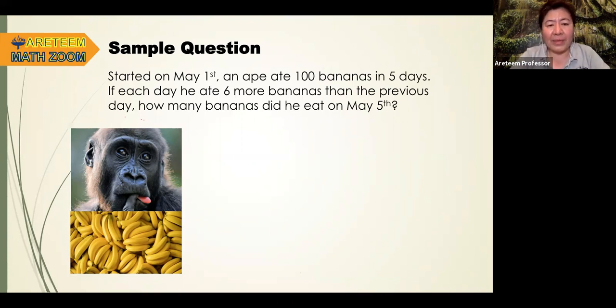So now I want to teach you a method that you can definitely understand. As long as you know how to add, subtract, multiply, and divide, you'll be able to solve this problem, okay?